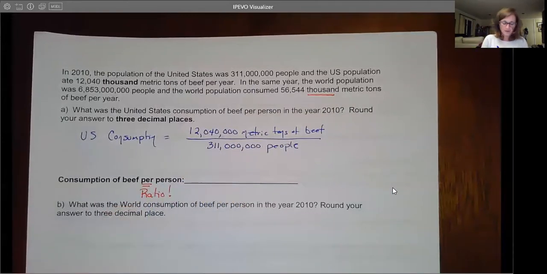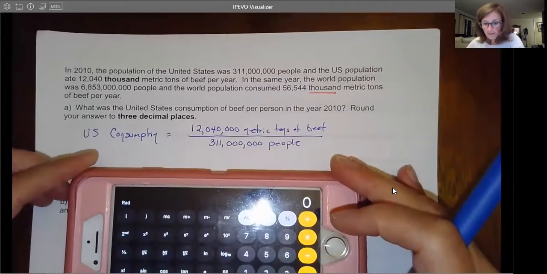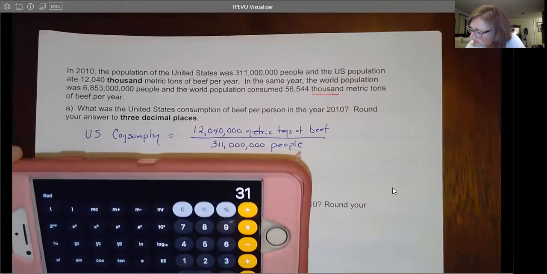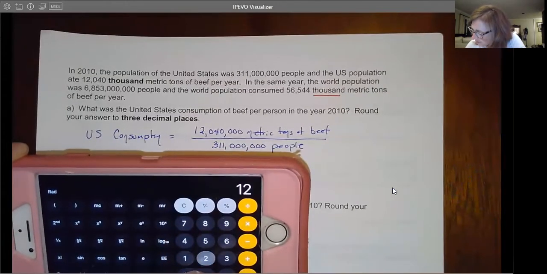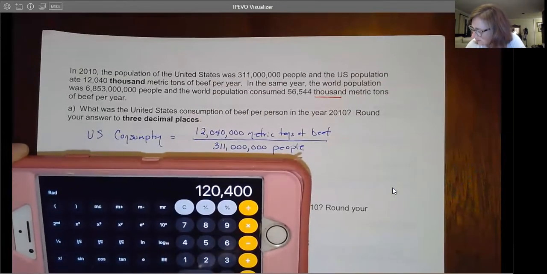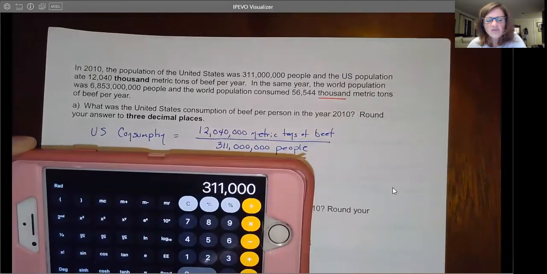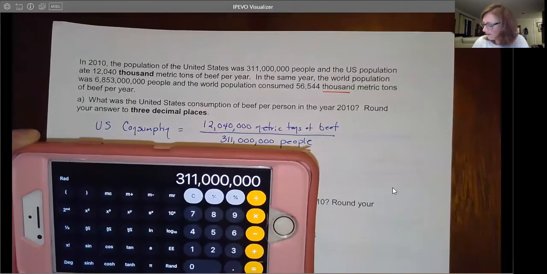So my calculator is across the room. So I'm going to use my phone. Okay, you ready? Tilt it on its side. Here we go. It's nice because you can see the numbers. So we have 12040 divided by 311. Okay.